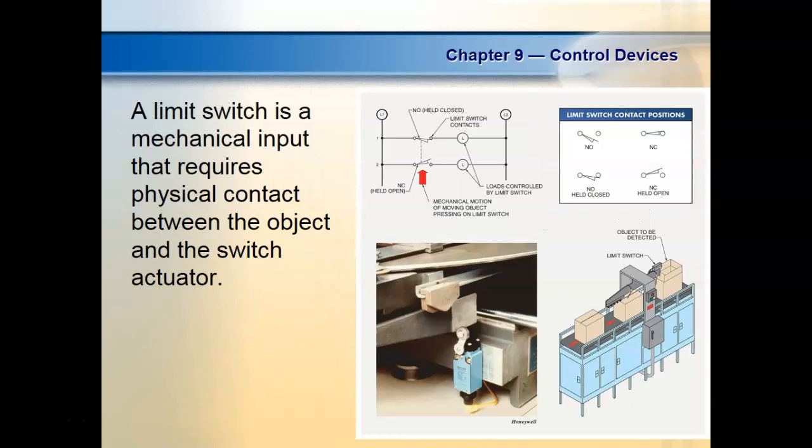Limit switch. We're going to do labs with limit switches. I think I've already passed one of these around. This only detects in one position. We have plunger type limit switches. This is a rotary type. So when something hits that operator, it causes the contacts to switch positions.